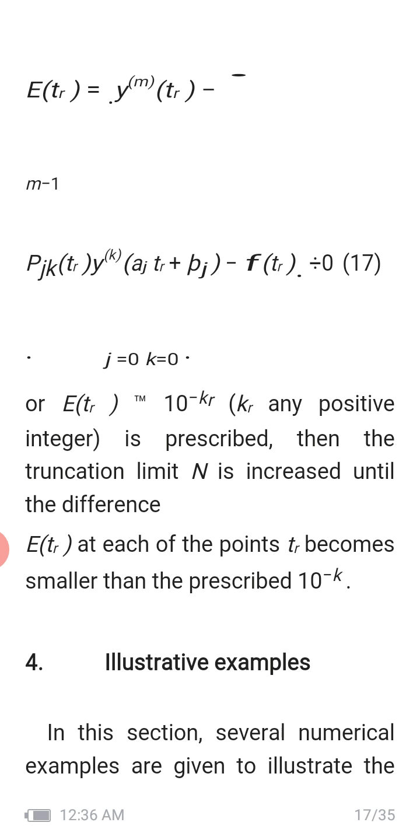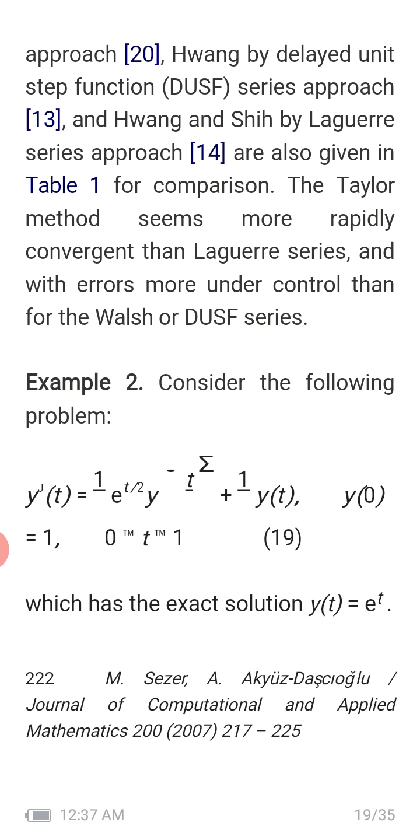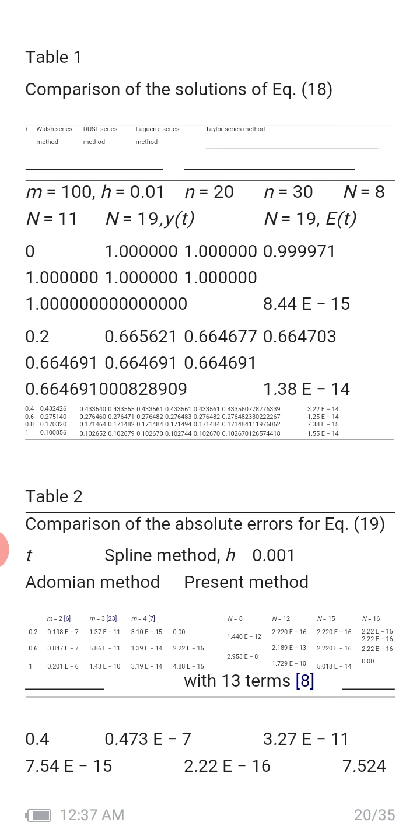Then we see the examples. That is example 1. Consider the linear delay differential equation of first order with the initial condition. Then the second problem. Then we can compare the solution with the exact solution.